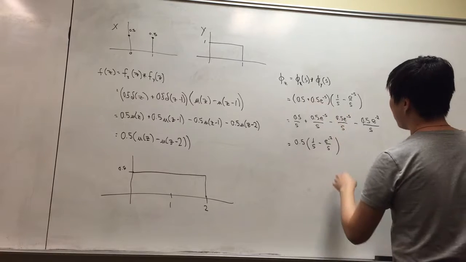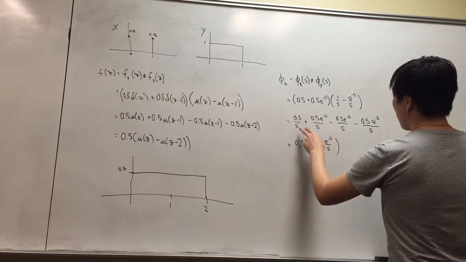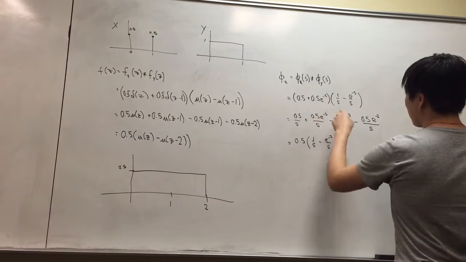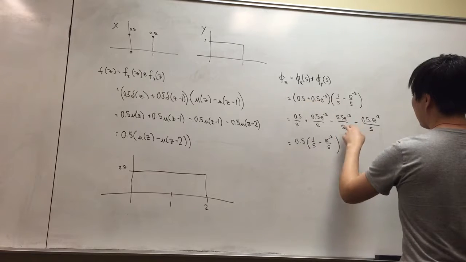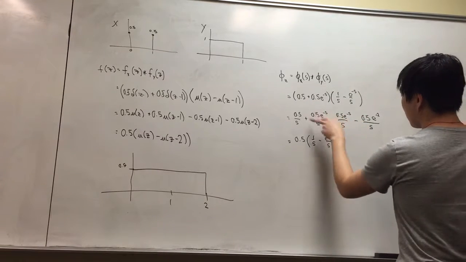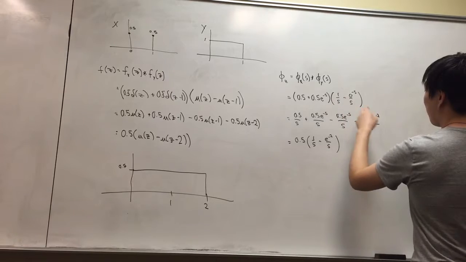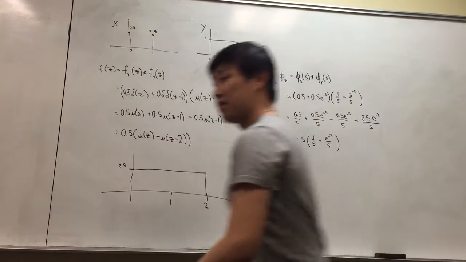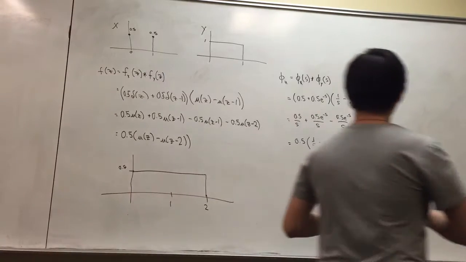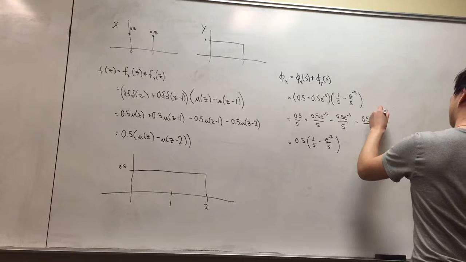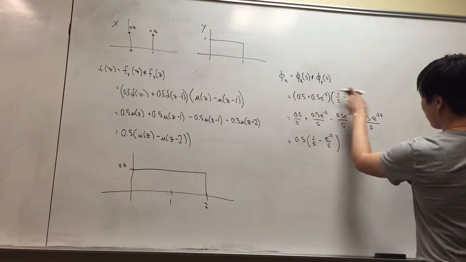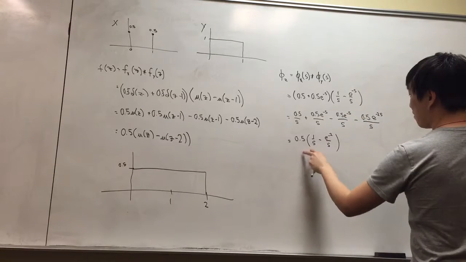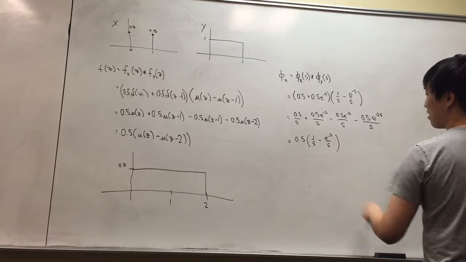Similarly, we also FOIL that out. The first terms are 0.5 divided by s, the middle terms are 0.5 e to the negative s divided by s, the outer terms become negative 0.5 e to the negative s over s, so these terms will cancel out, and the last terms are minus 0.5 e to the negative 2s over s, because the two exponentials add up. So the middle terms cancel out, and it's 0.5 times (1 over s minus e to the negative 2s over s).